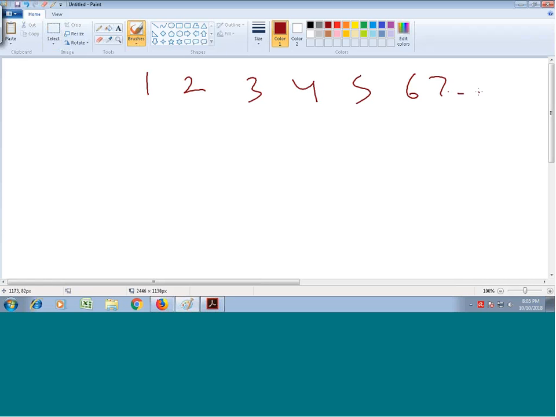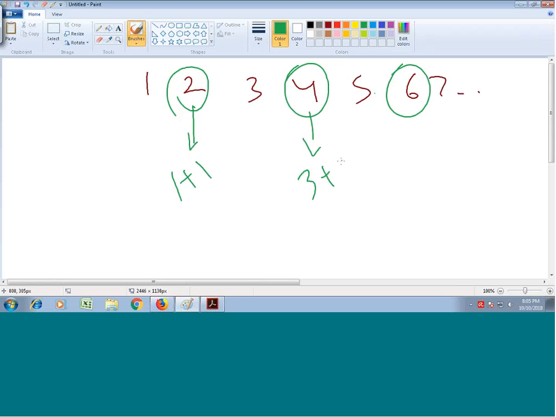Okay. Things which are found in the universe are 1, 2, 3, 4. Therefore, they are called natural numbers. I am telling that every even natural number can be written as a summation. This can be written as 2 plus 2. This can be written as 3 plus 3.